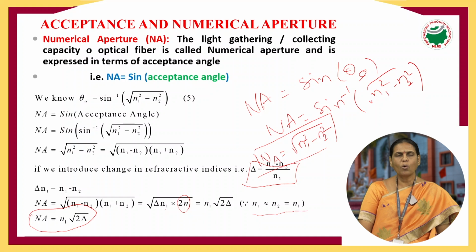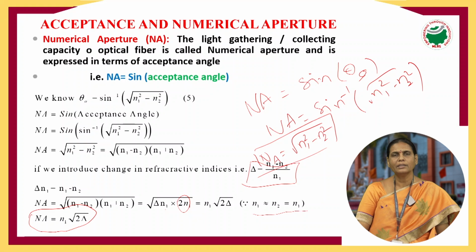So for that, what should be the angle? That particular angle we need to find out, and that angle is nothing but the acceptance angle. Once we find a particular angle at which light has to be incident, where light has to enter into the optical fiber, then by using that angle of incidence, we can make the total quantity of signal travel inside the optical fiber.